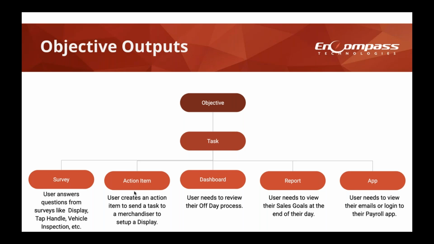They can either simply complete those tasks, or alternatively, they can send a message back to the sales rep letting them know, hey, I did go ahead and pick up these pallets. You don't need to worry about it, and then mark it complete as well. So there's a lot of flexibility within those action items.